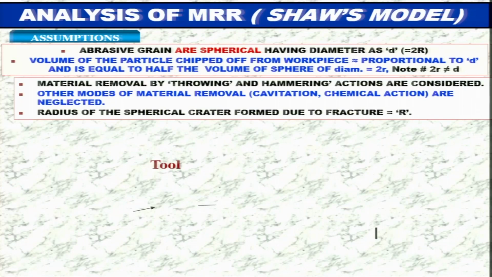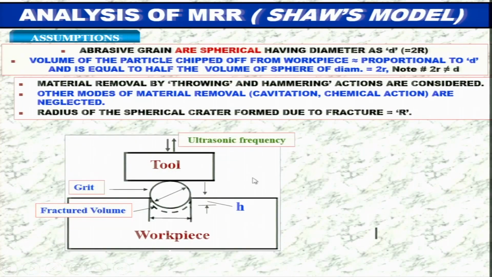In the hammering model, you are just hitting the abrasive particle between the tool surface and the workpiece surface, and it is touching both of them at the same time. So that is the hammering model. So both models are different. Radius of the spherical crater formed due to fracture is R. You can see here the fractured volume.